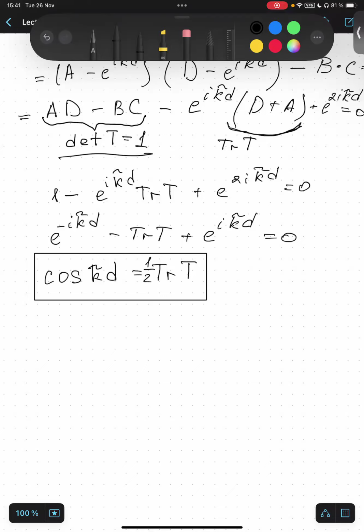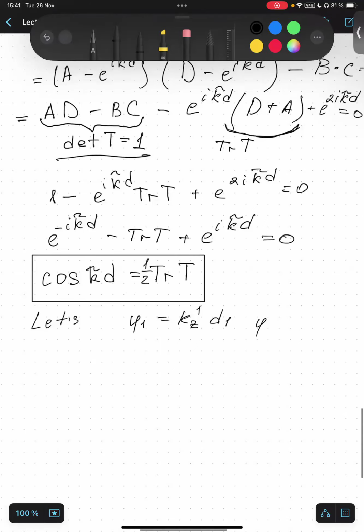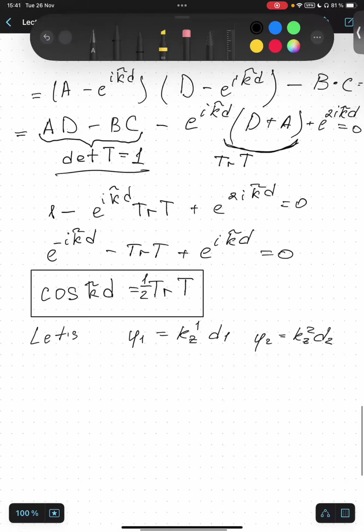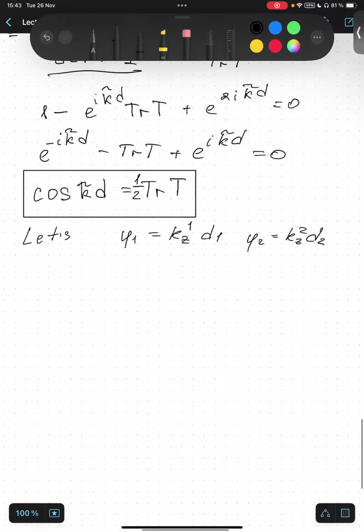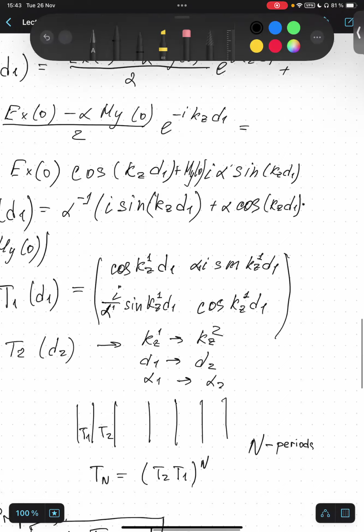For simplicity, again, just to simplify the whole expressions, let's introduce phi1 equal to kz1 d1 and also phi2 equal to kz2 d2. Yes, everything correct.